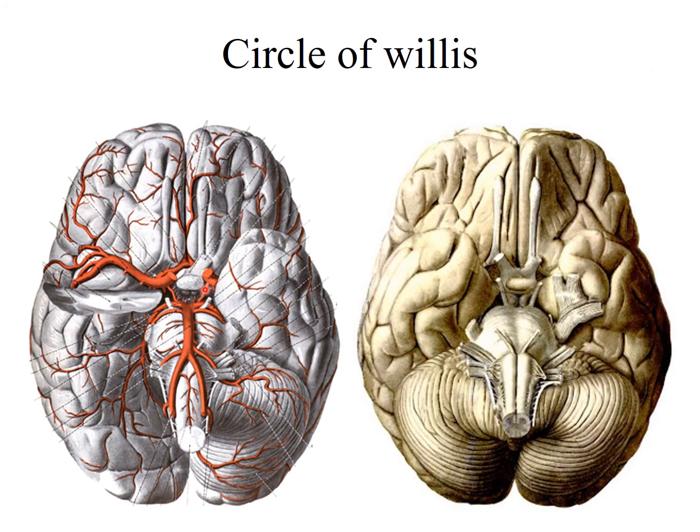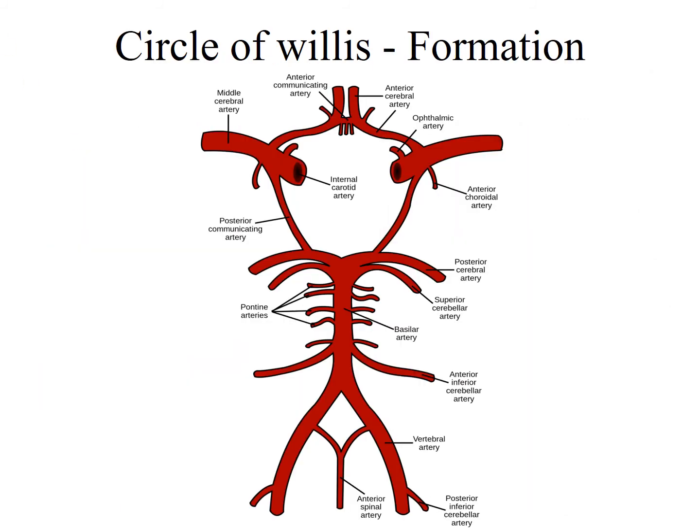Now we will see the formation, how the vertebral arteries and the internal carotid arteries are connected. We are going to see the formation of this circle of Willis. Already you know there are two arteries, the vertebral artery and the internal carotid artery.